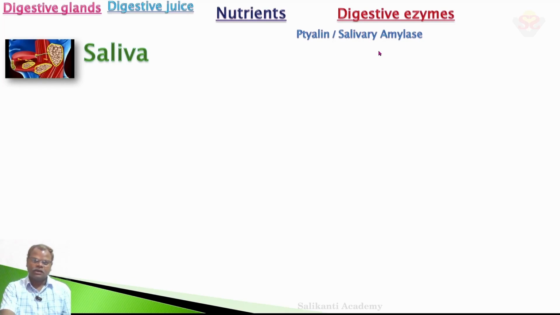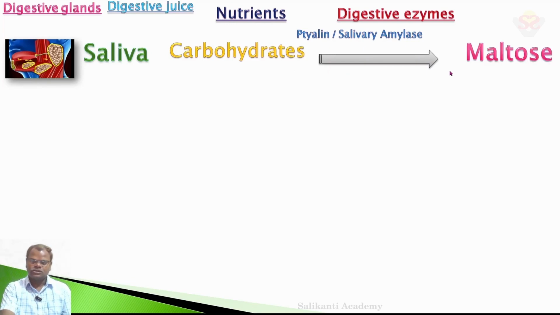Salivary glands secrete saliva, and saliva contains the digestive enzyme ptyalin, or salivary amylase. It acts on carbohydrates and converts them into maltose sugar during the digestion process.